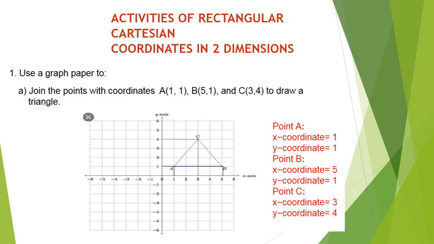I have labeled the lines with a green pen, and they meet each other at point C. That gives you (3, 4). When you have all 3 points and connect A, B and C with each other, that gives you a triangle. You can see it here in the graph paper.